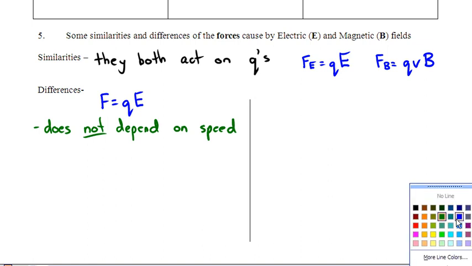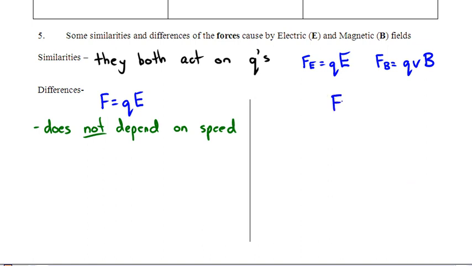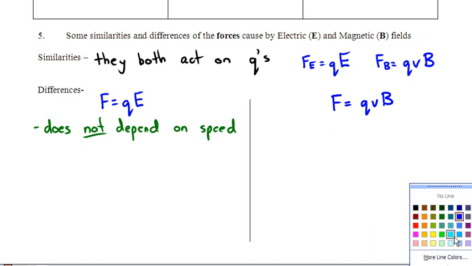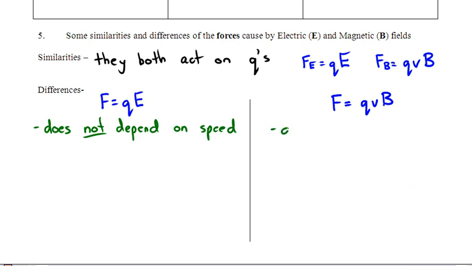Okay, I'm going to start writing the stuff on the right now. You look at the last unit we did in Physics 12, F equals QVB. For magnetic fields, that one does depend on speed.